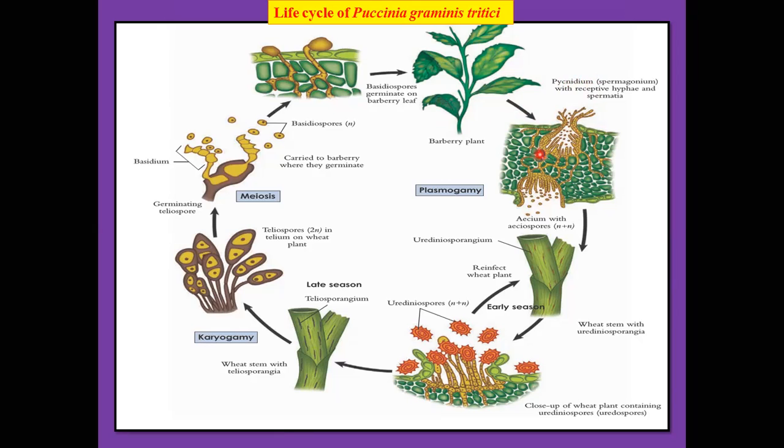Okay, but after a few hours, this hypha also grows on the underside of the leaf, and these symptoms can also be seen on the lower side of the barberry leaf. Means cup shaped or saucer shaped aecium, asexual spore fruits, are produced on the lower side of the same leaf, containing the aeciospores.